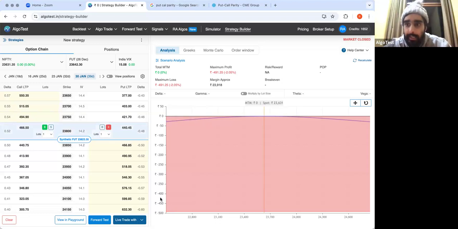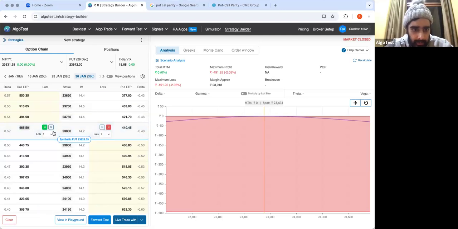But it's not the case. There's some slight difference, which is coming from the fact that these are LTPs, which update every 1 minute. That's what we store in our database. And there could be slight fluctuations in a split second between the call and the put IV just because of demand and supply, and the prices that got recorded have that sort of fluctuation.